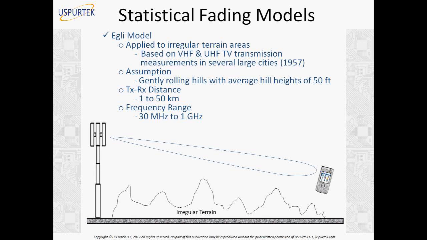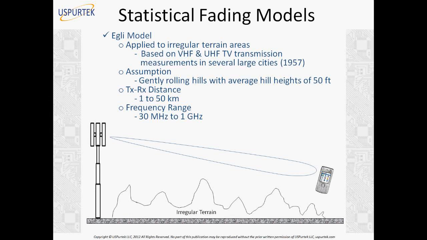So he arrived at this model based on a number of measurements in the actual transmission area, and he made some assumptions about the terrain where he did all these measurements. It consisted of gently rolling hills with average hill heights of 50 feet. He put those assumptions in his paper.